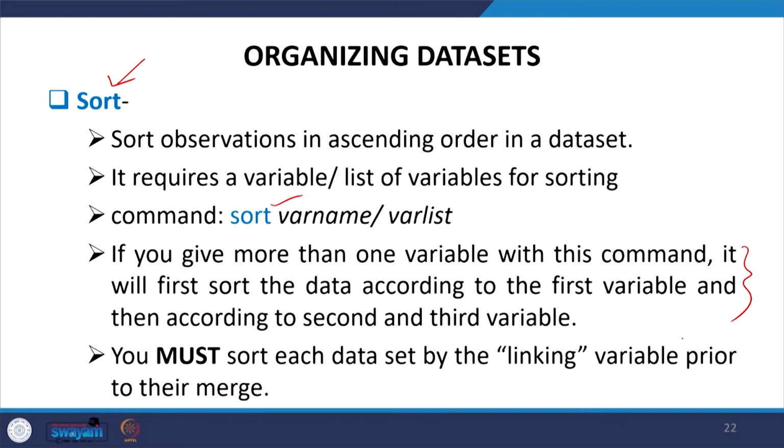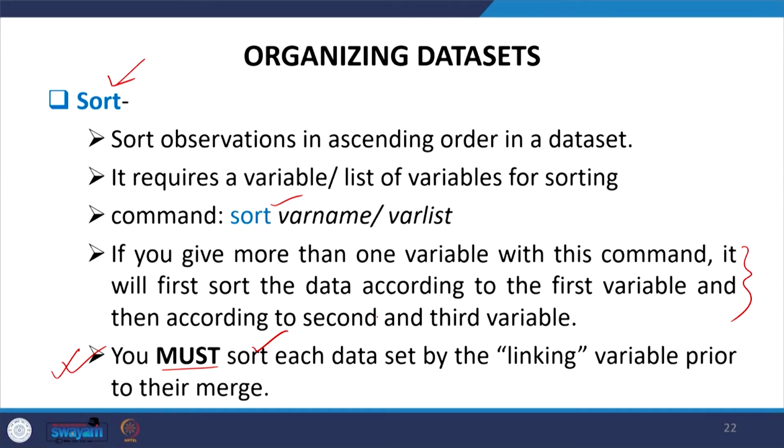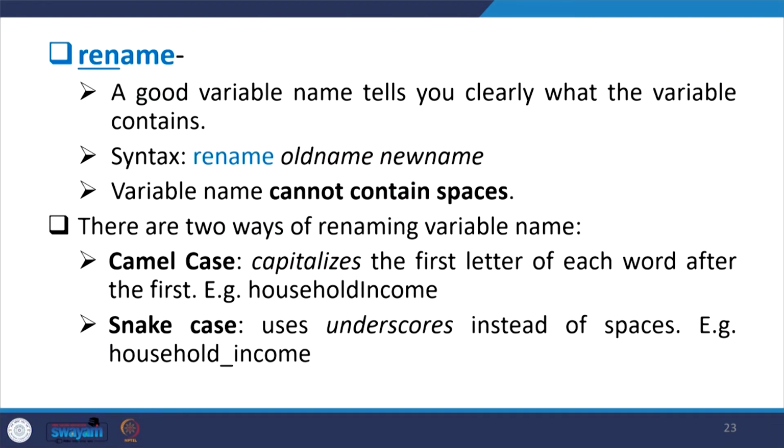You must sort each data set by the linking variable prior to their merge, that is a must. Must, we are saying: before linking or merging the data, those identifier variables or the linking variable must have been sorted, must be run with the sort command before they are merged. Similarly the rename command, we have already said those basic details about data handling, how to rename data, especially rename old name and new name.